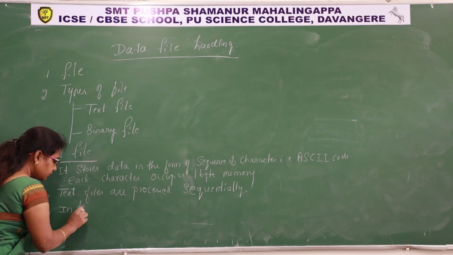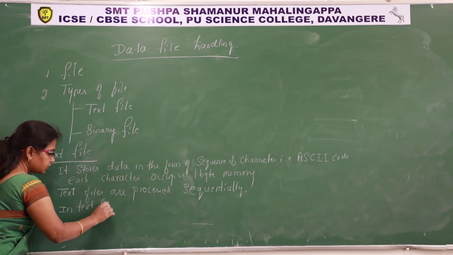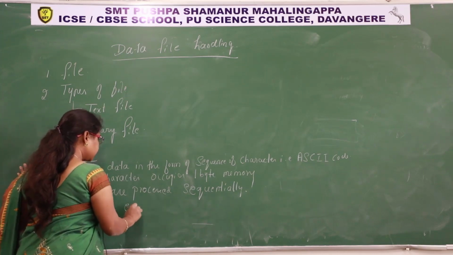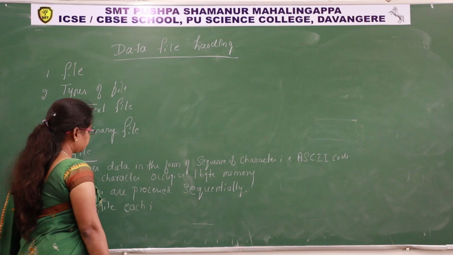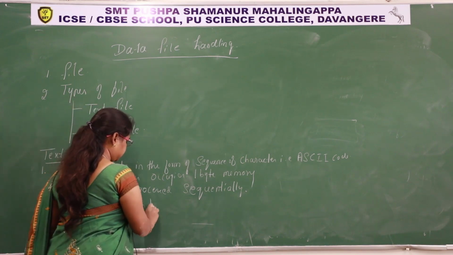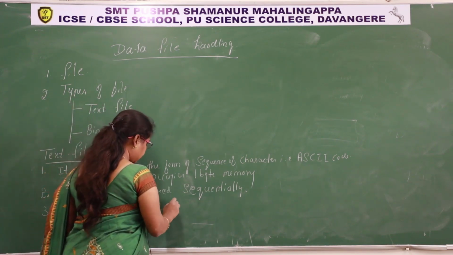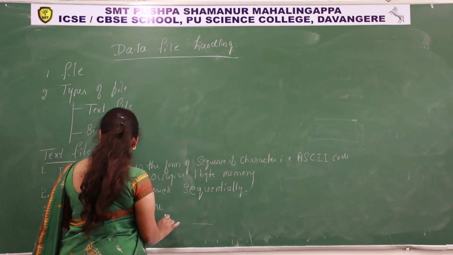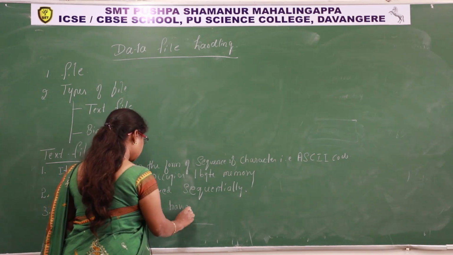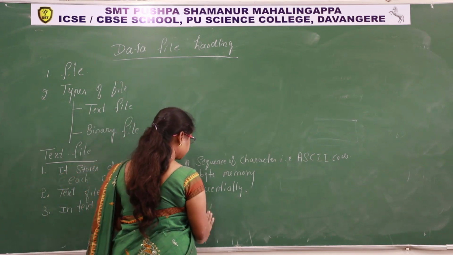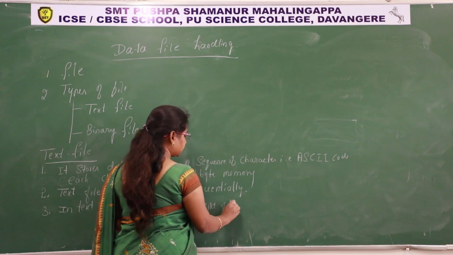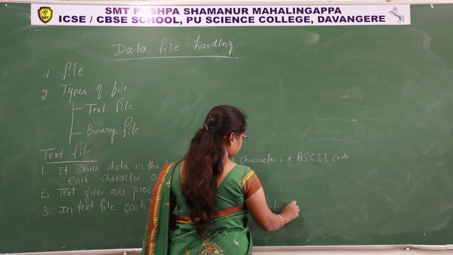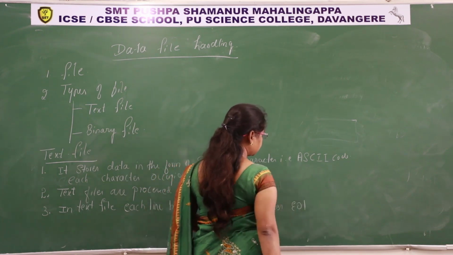In text file, each line is having end of line character, EOL, end of line character.